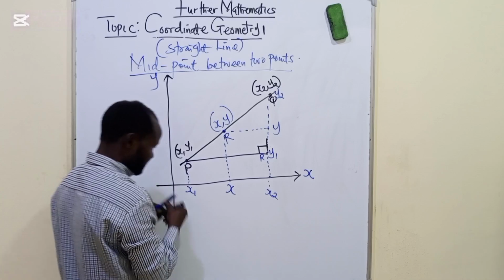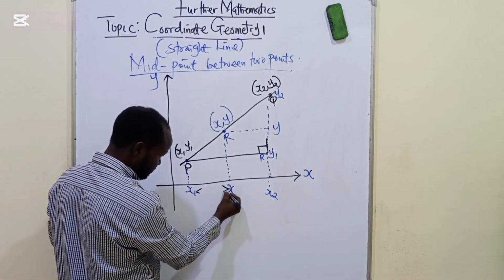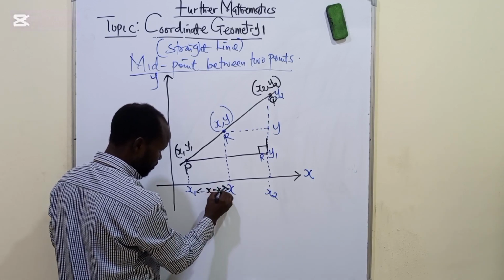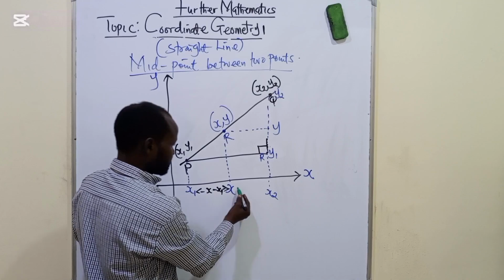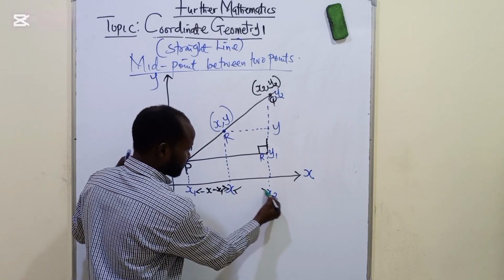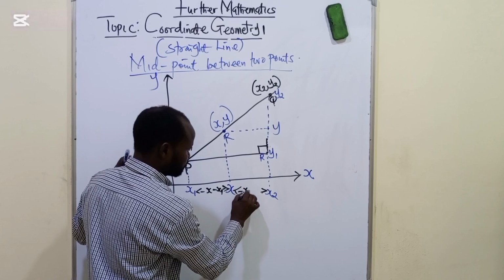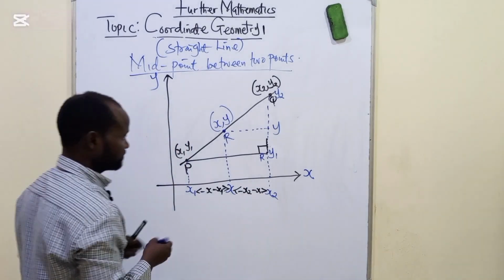The distance between this x1 and x will be something like this. It will be x minus x1. Then the distance between this x and x2 will be x2 minus x. The same thing for y.